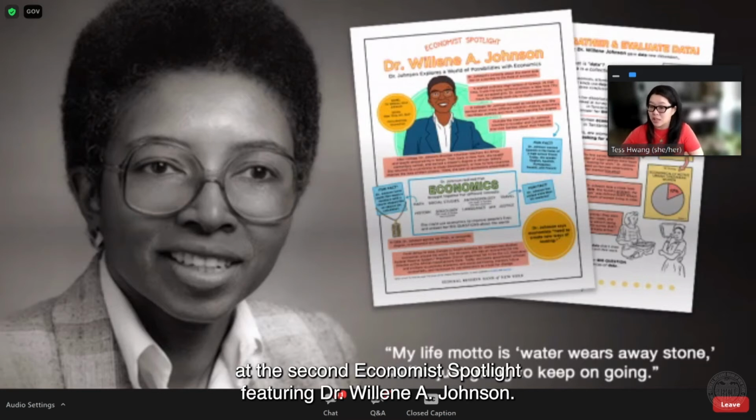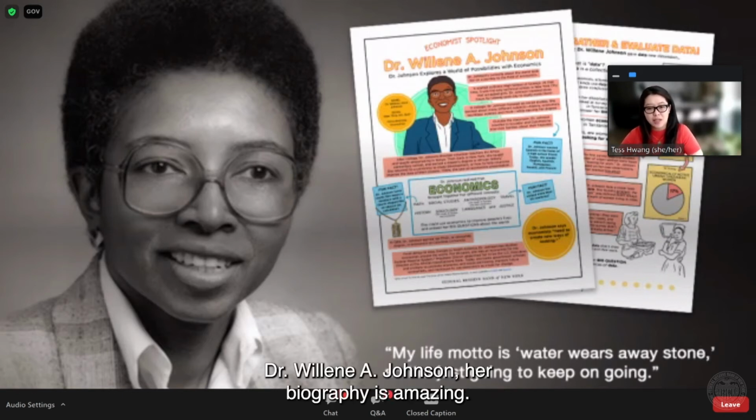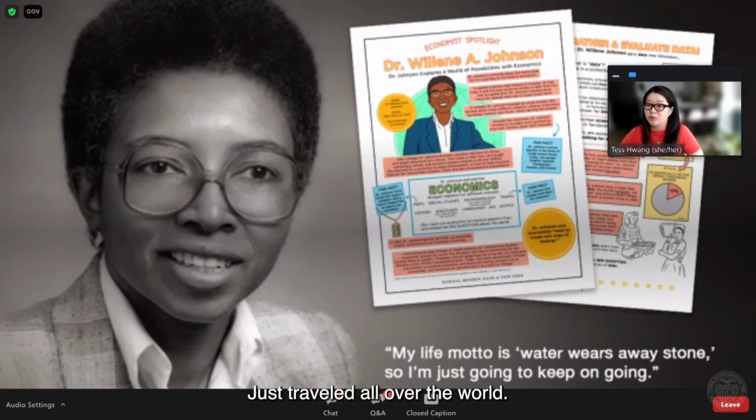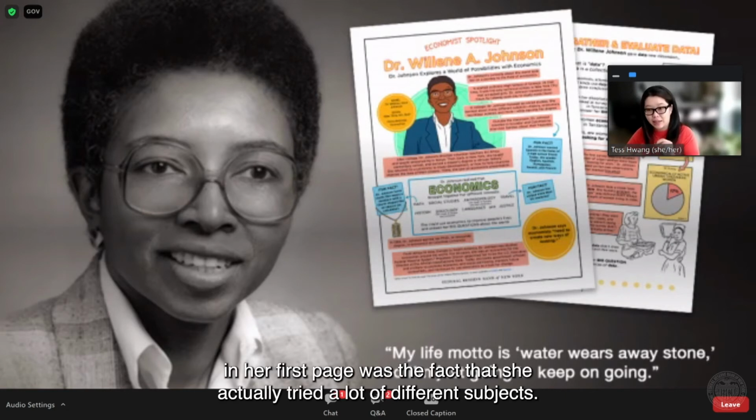William A. Johnson. So a little preview of the worksheet is on the screen. Dr. William A. Johnson, her biography is amazing. She has traveled all over the world, but what was really exciting that we really wanted to highlight in her first page was the fact that she actually tried a lot of different subjects.